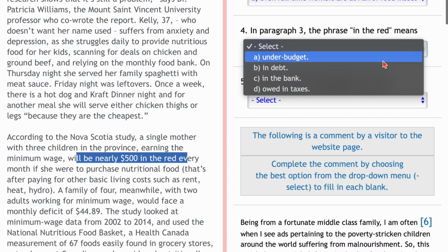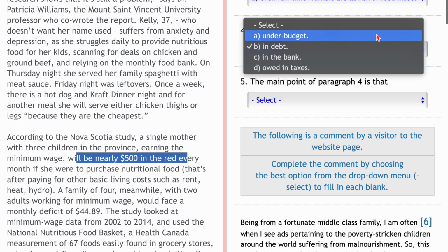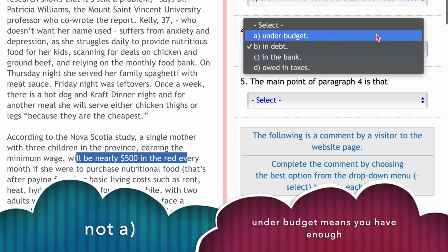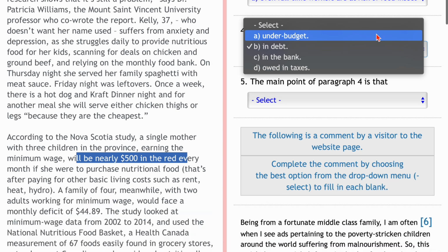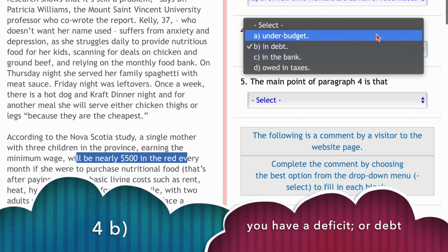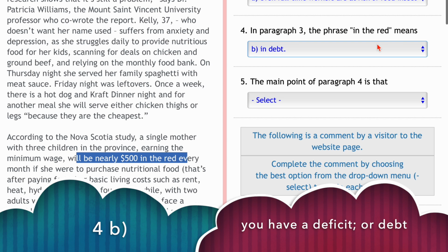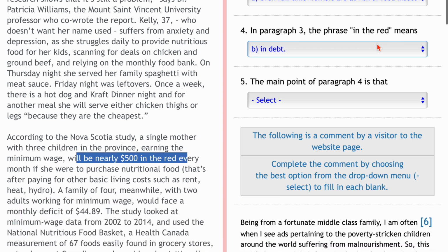Now, under budget or in debt? In debt, right? Because under budget would mean that you have enough. Let's say you have $500 for food and you only spend $400, you're under budget. But in the red means that you have a deficit or you're going to be in debt or you owe. Okay? Very interesting.